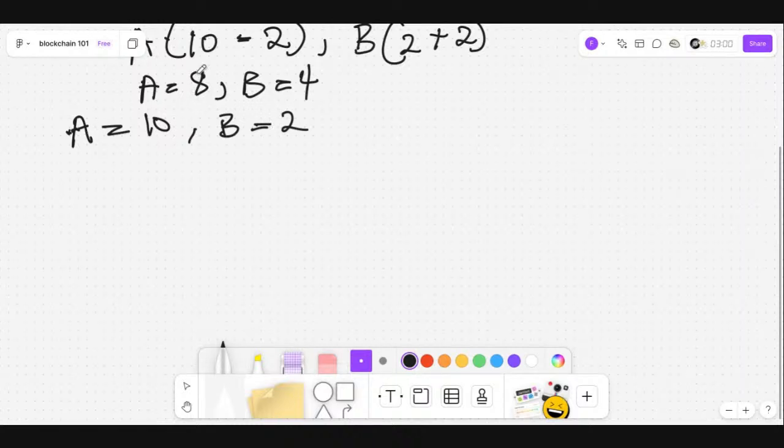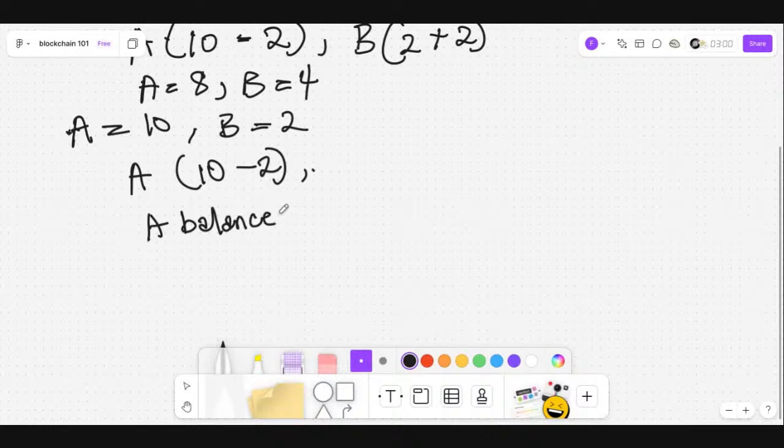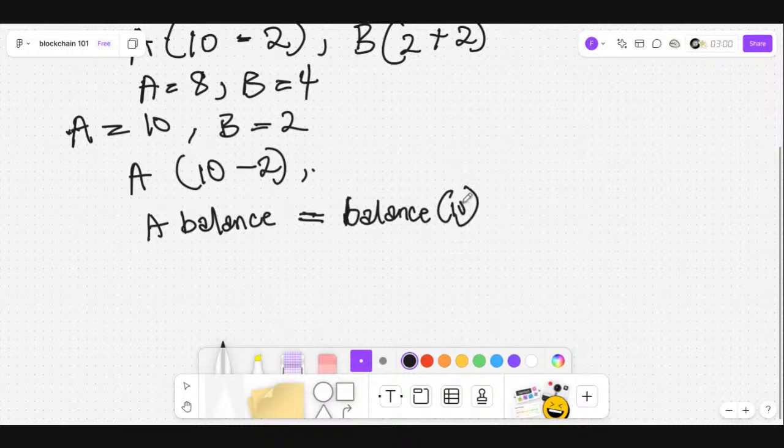So after you do this subtraction, let me show you the proper way to handle it. You need to know this for your logic. If person A sends 10 minus 2, A balance should be equal to, you have to now fix the balance yourself, should be equal to the current balance, knowing that the current balance is actually 10, minus 2 tokens.